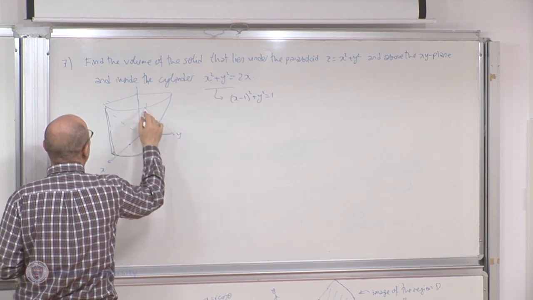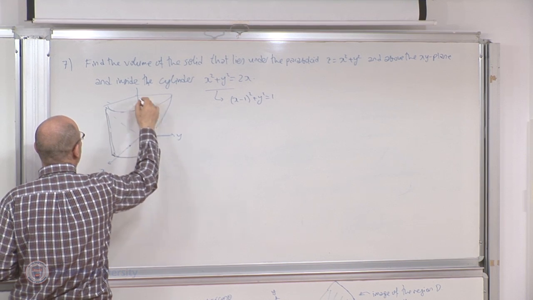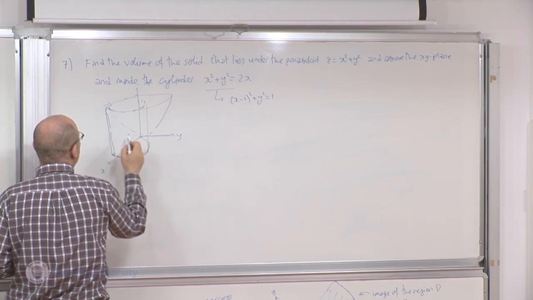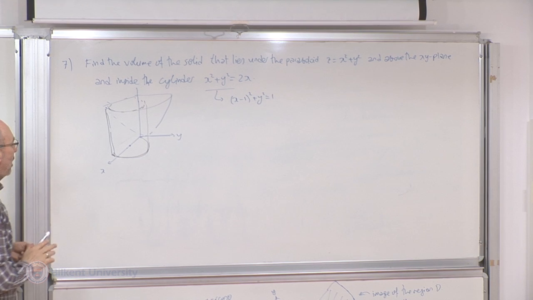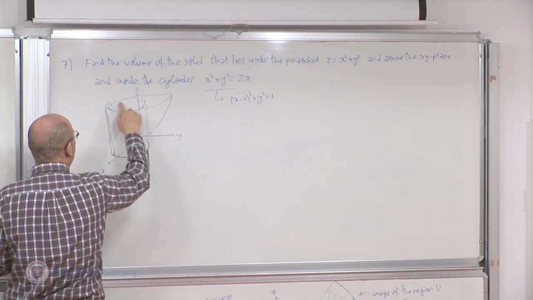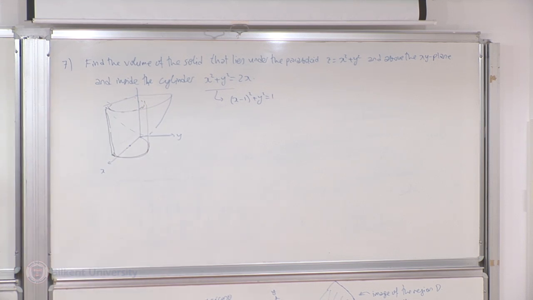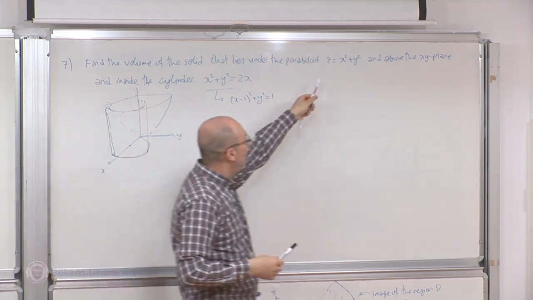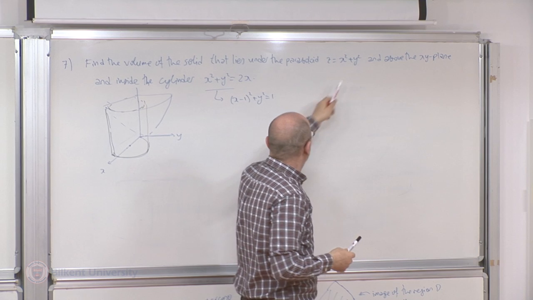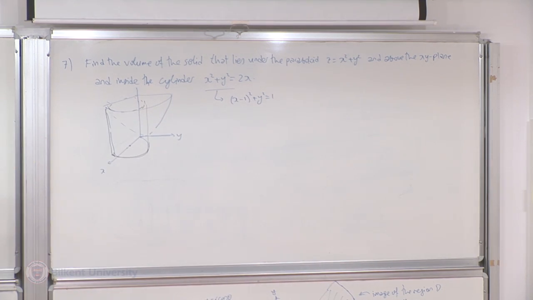So this cylinder goes up like this. So here again you have something like this. Try to visualize it. Inside this cylinder, we have this paraboloid. So we'll just try to find the height. Height is given like this, and x square, y square is restricted to this region.